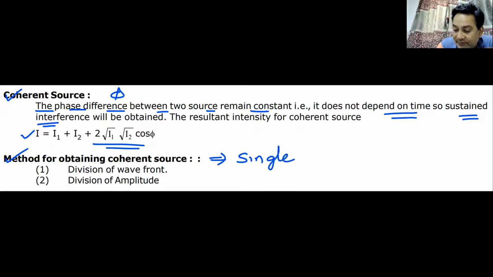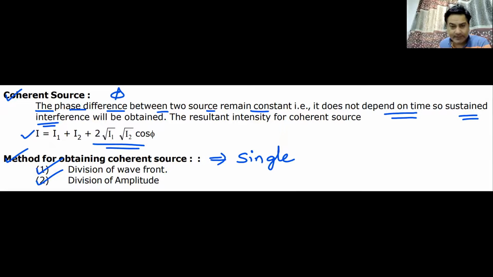Now, when we have a single source of light and I want to create coherent sources from it, I can do it in two ways. I can divide the wavefront or I can divide the amplitude. Remember these two ways of creating coherent sources from a single source of light.